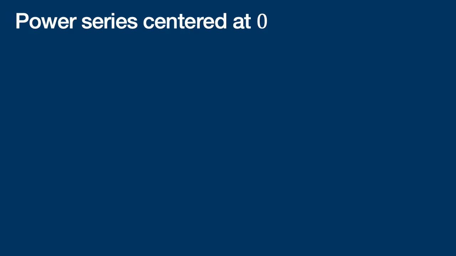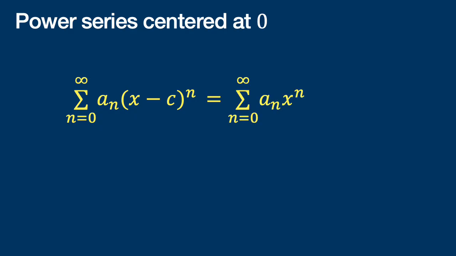There is a very special power series centered at 0. So let's see this one. That's the power series centered at c. c is 0, which means the summation from n equals 0 to infinity of a_n x^n. That's what we call a power series centered at 0.